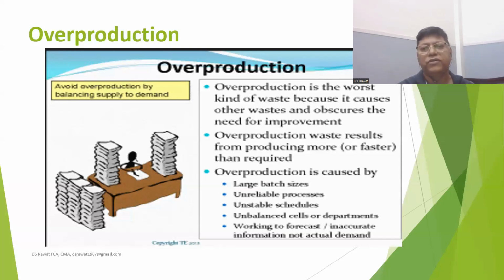And this is also a waste because the customer is not demanding it, and it will be kept in the finished goods store, where it will be demanded by some other customer at some other point of time, if it is not a regular run.